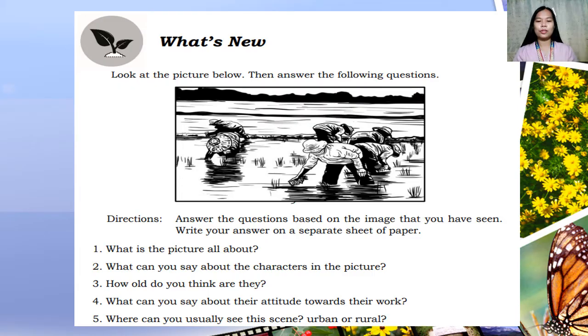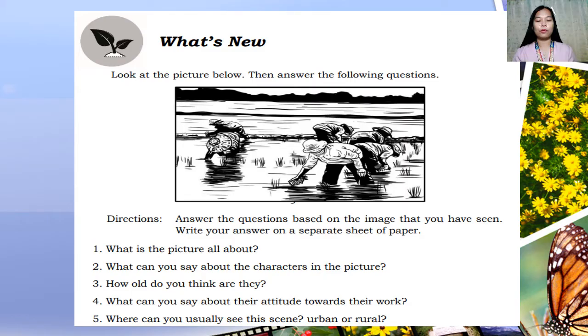How old do you think are they? Since we are not sure as to their specific ages, then you can give the range of their ages. Number 4. What can you say about their attitude towards their work? So it is about their attitude and behavior towards their work.